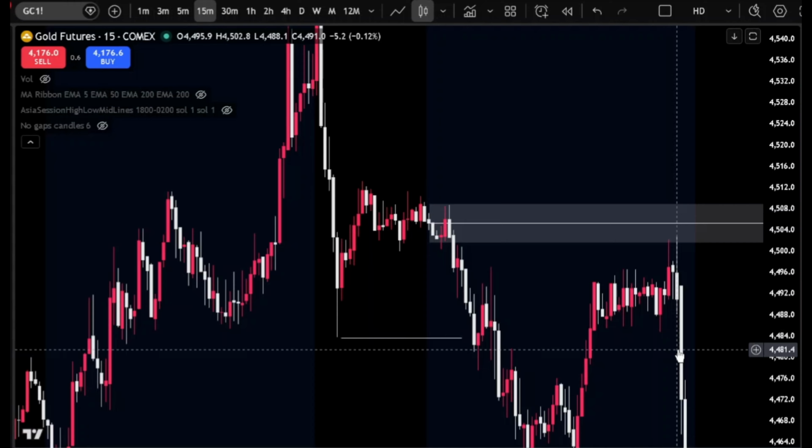So this strategy, or any strategy, takes willpower and a willingness to risk and trust your setup. Even if you have a losing month or a losing week, you still have to stick by it, because the market sometimes wants to respect that level and sometimes it doesn't.